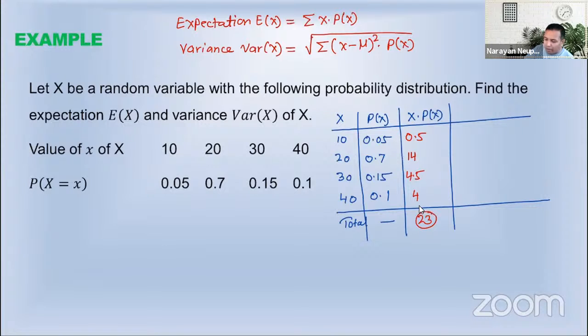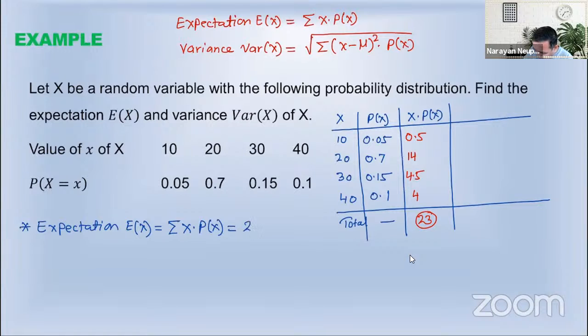That is 23. So that means the value of the expectation, denoted by E of X, calculated using this formula, sum of x times p of x, is 23.